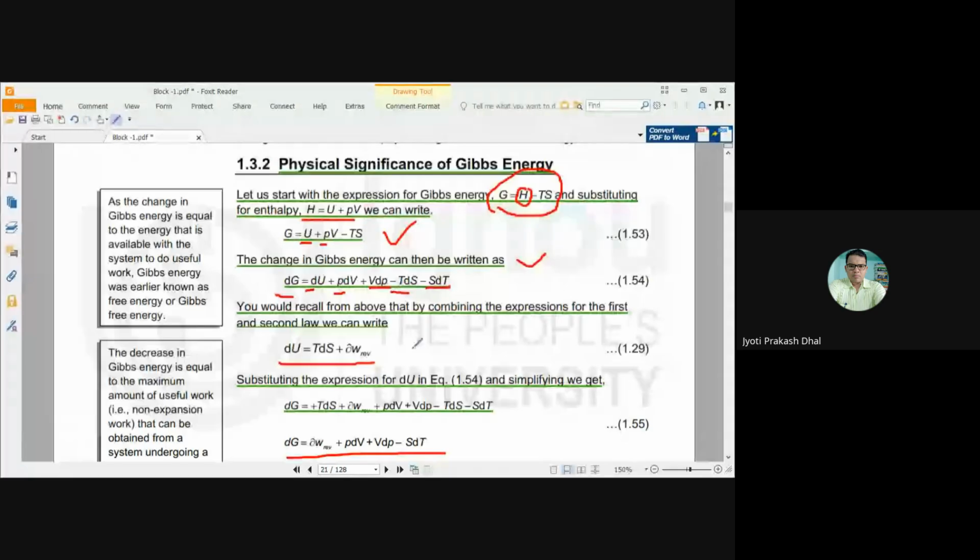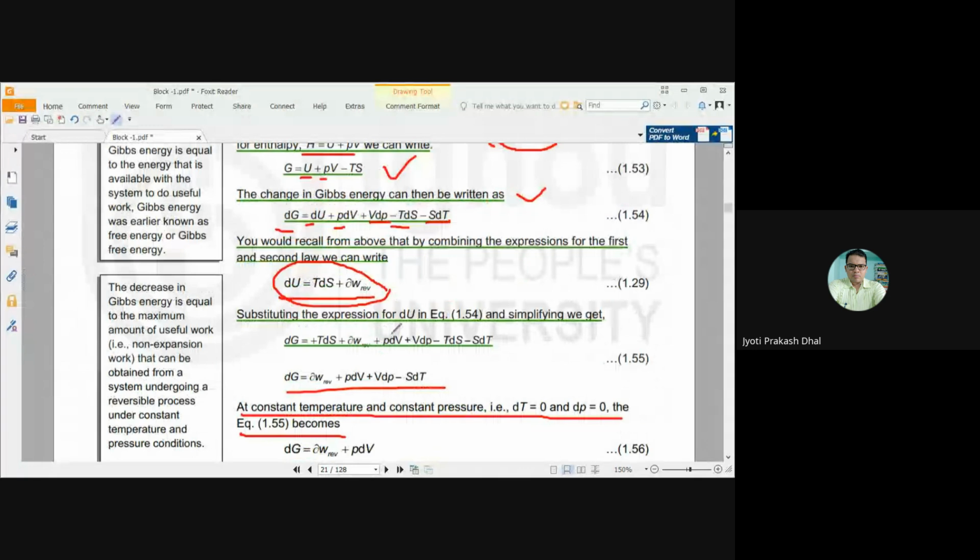And again we can recall the mathematical form of the first law of thermodynamics. Here we know that dU equals T dS plus dW. So if we put the value of dU as T dS plus dW reversible, then T dS and minus T dS will be cancelled out.